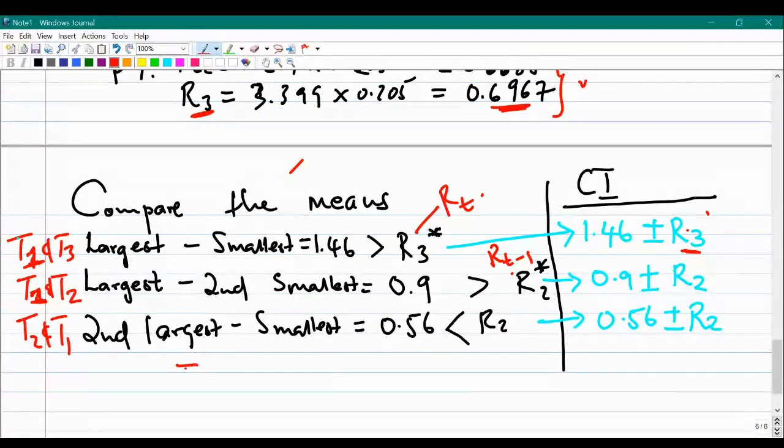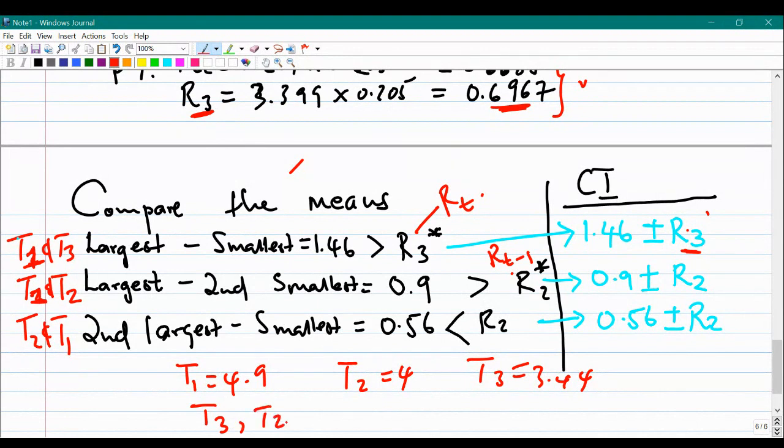The mean of T1 is 4.9, T2 is 4, T3 is 3.4. So the order is T1, T2, T3.